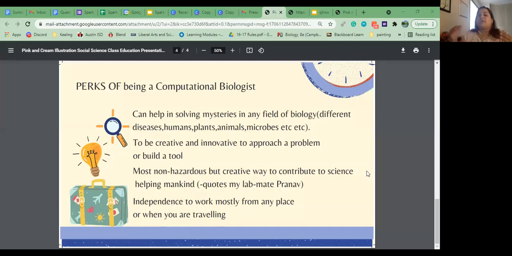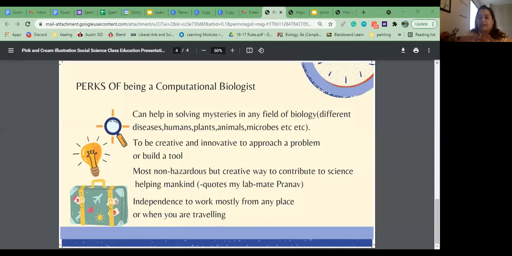So you can work in any kind of field of biology where you want to solve mysteries. The second part is that you can be very creative and innovative, and you can build your own software or your own tool to approach a problem.